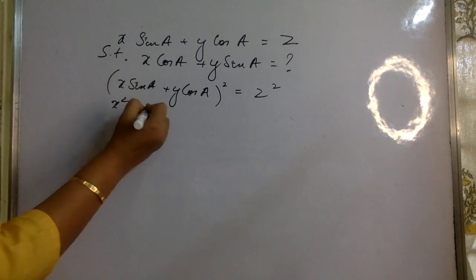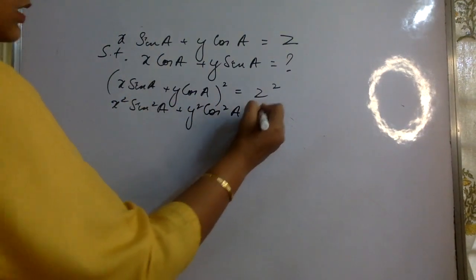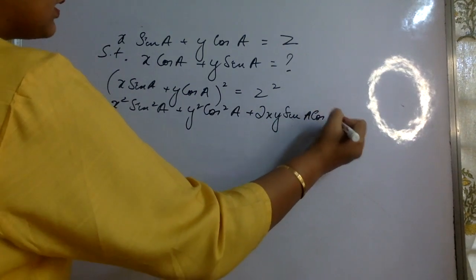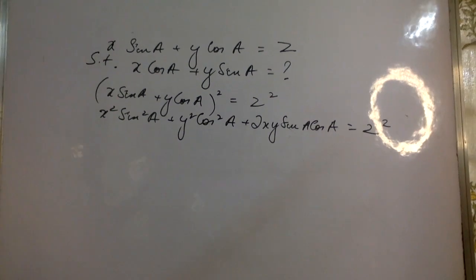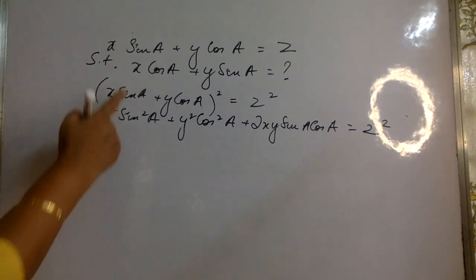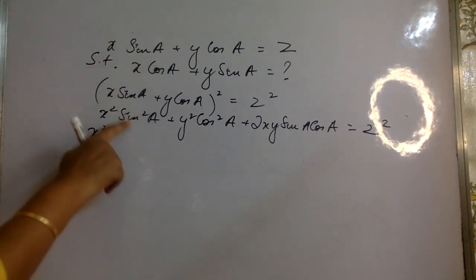X square sin square a plus y square cos square a plus 2xy sin a cos a is equal to z square. Now with the x square I am seeing there is a cos in the target, so I have to somehow get a cos over here.